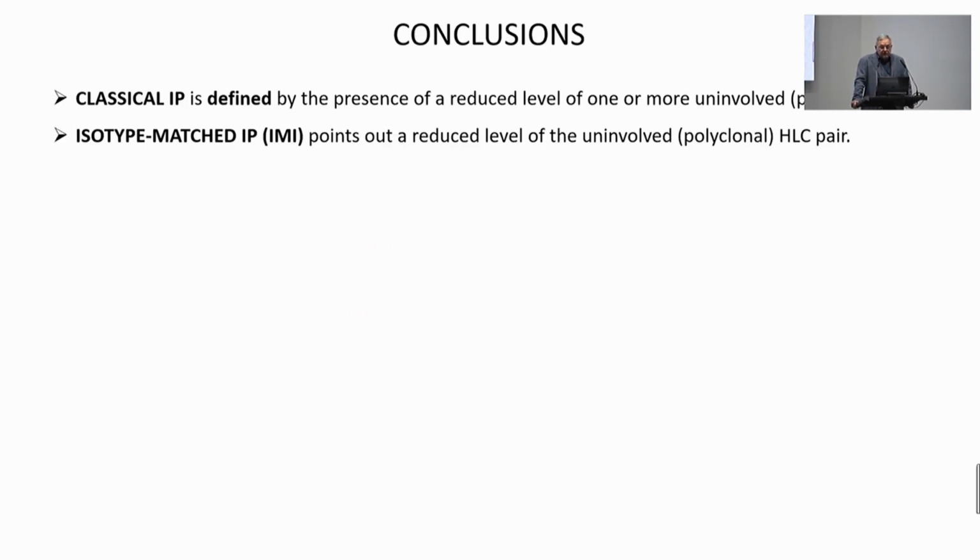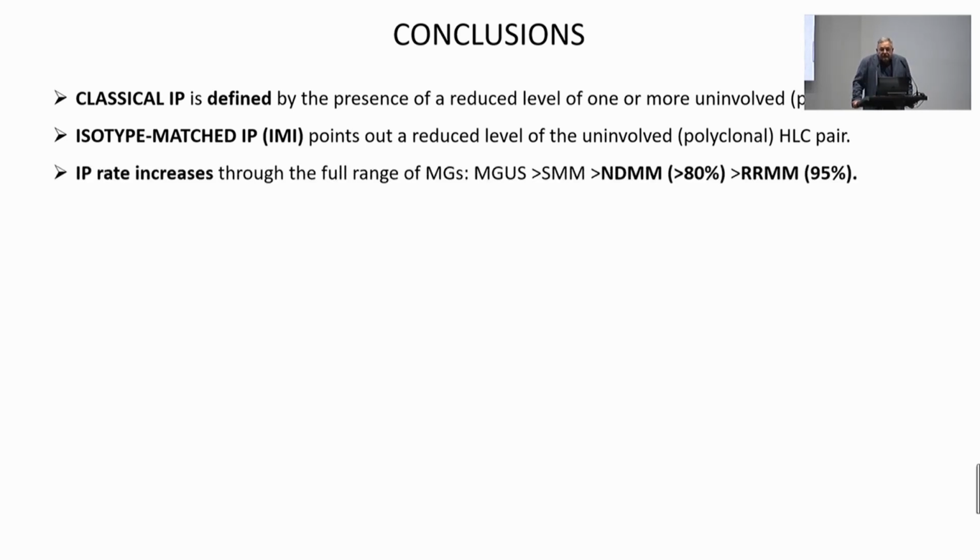To conclude, we can measure immunoparesis by the classical methods, which is defined by the presence of a reduced level of one or more uninvolved polyclonal immunoglobulins, or by the IMI method, which points out a reduced level of the uninvolved polyclonal pair.